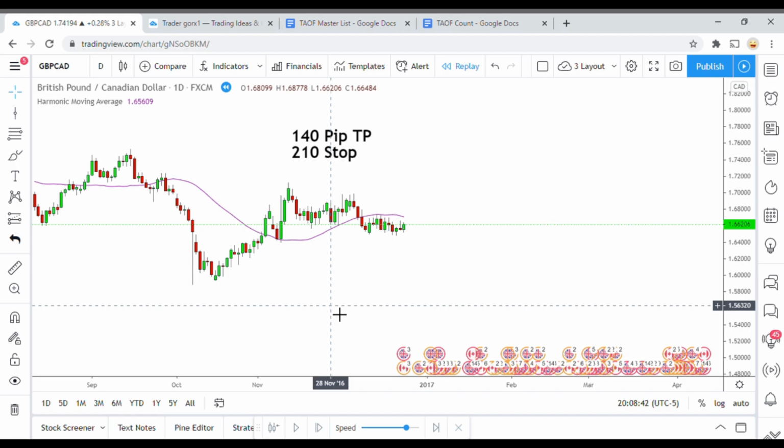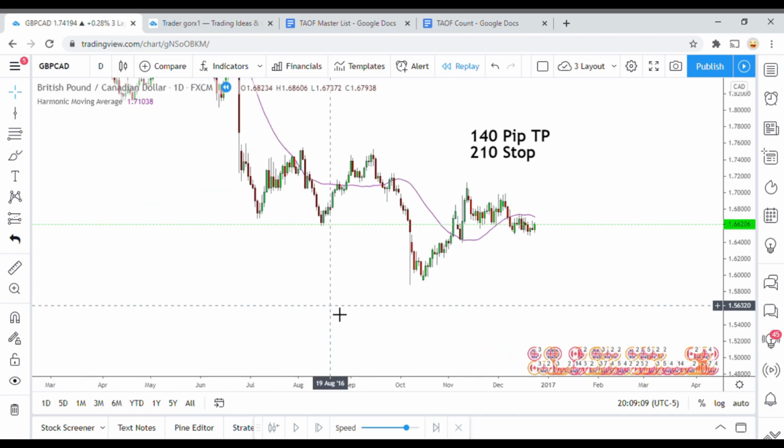What we are looking for is price action to break either below or above the moving average, and that will be a signal to go either long or go short. All in all, it's a pretty simple test that we're running. Nothing crazy, and nothing visually crazy with the indicator as well.